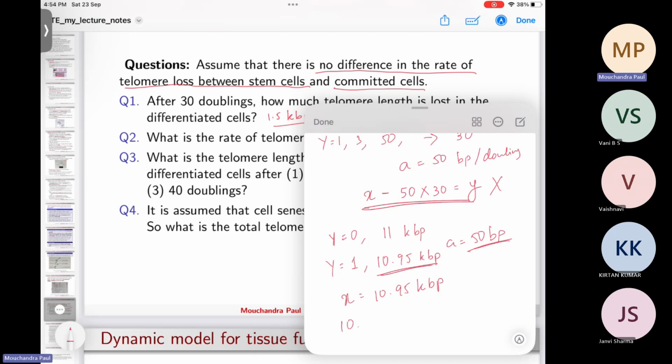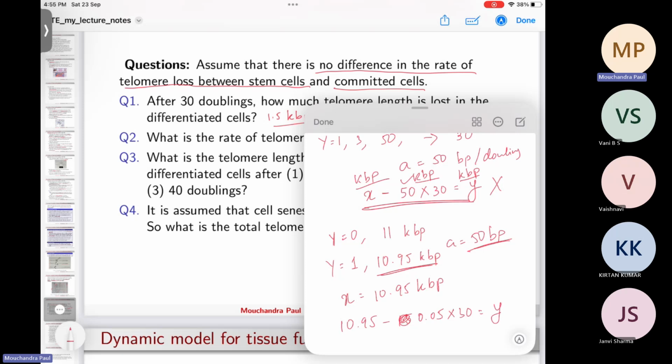Now that is straightforward. It is better to use kilo base pair, meaning 0.05. All should be expressed in kilo base pair for uniformity in the expression. So, into 30 is equal to y.